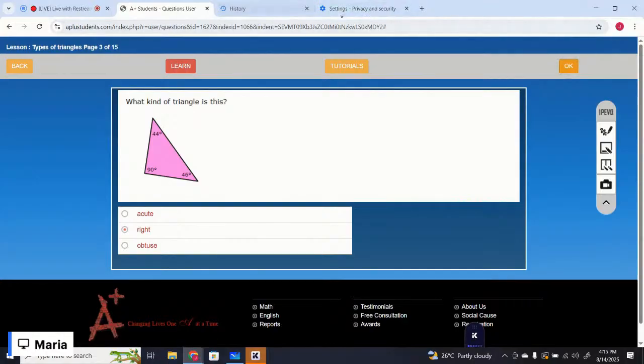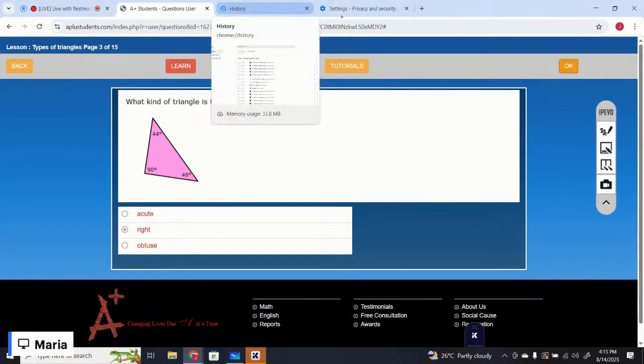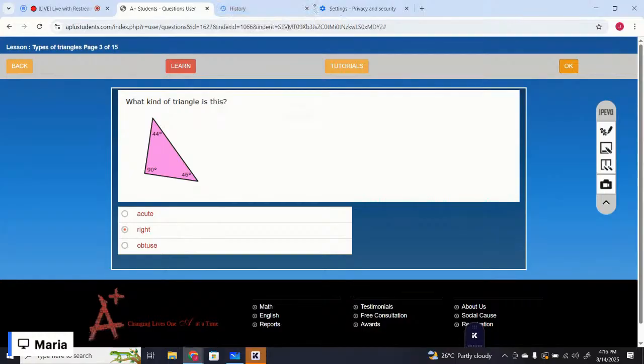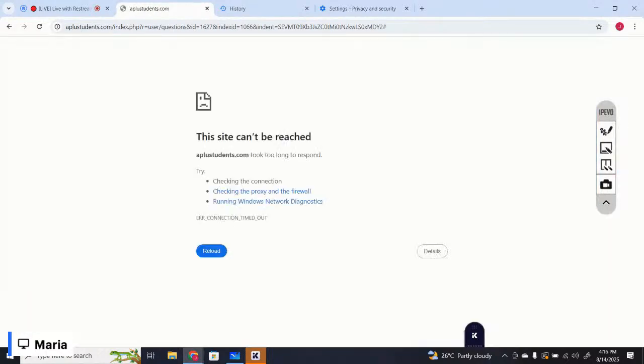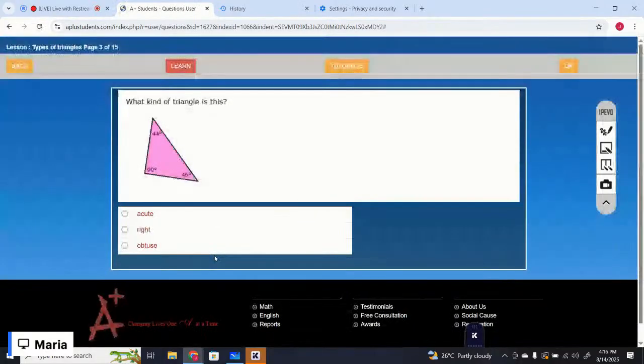I just don't understand. That is a right triangle.